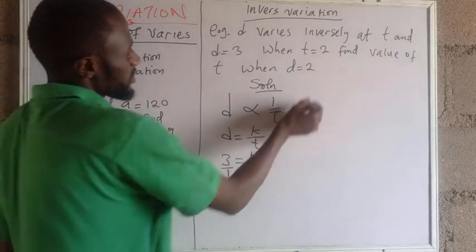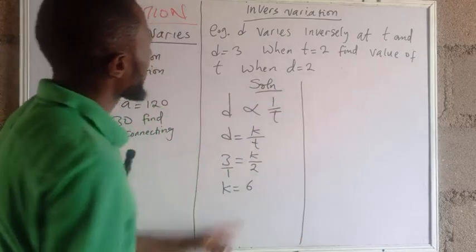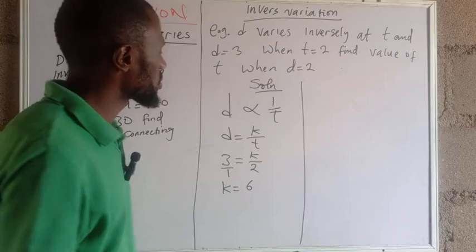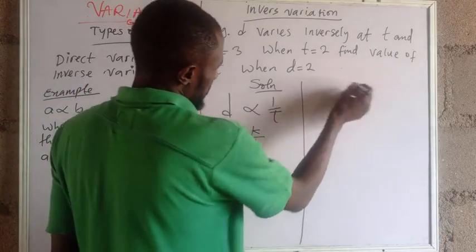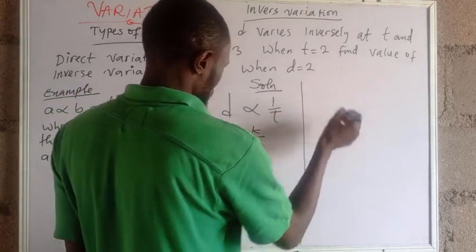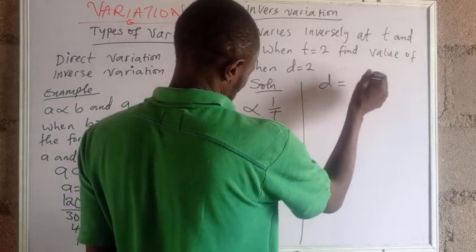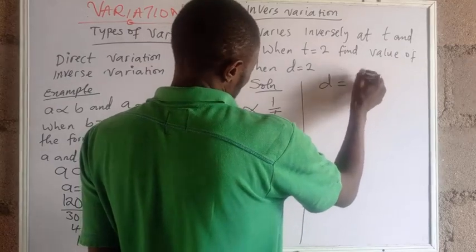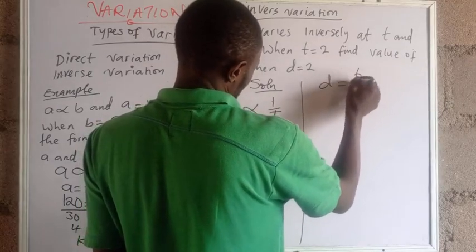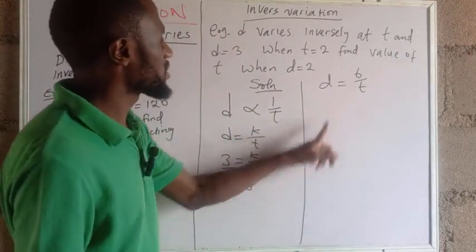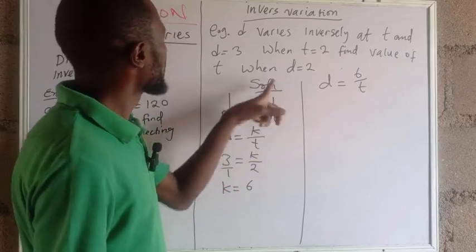Therefore, we can continue and find the value of T when D is equal to 2. The formula that connects them is D is equal to 6 all over T. Now this is the formula that connects them.